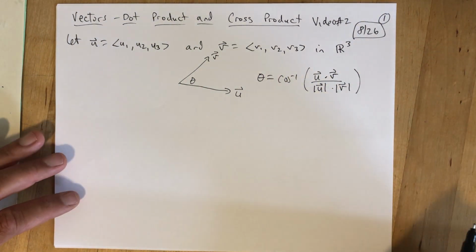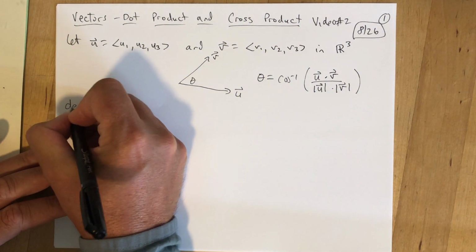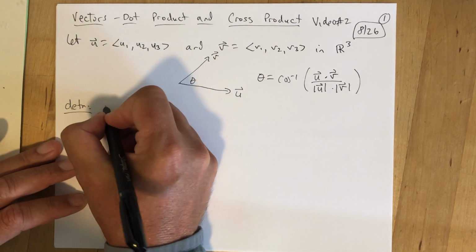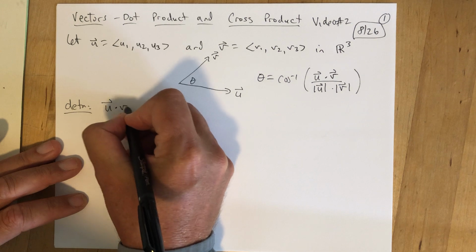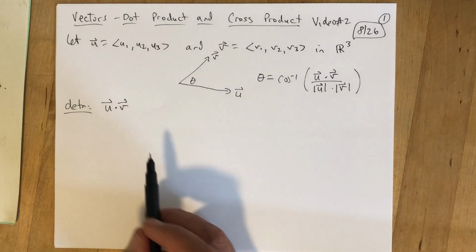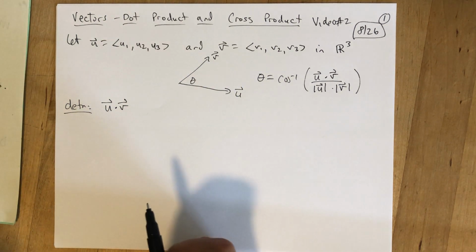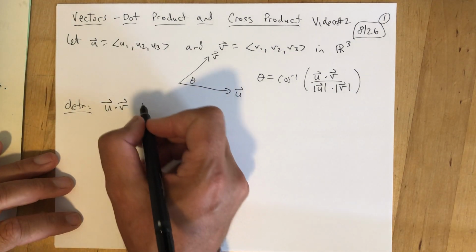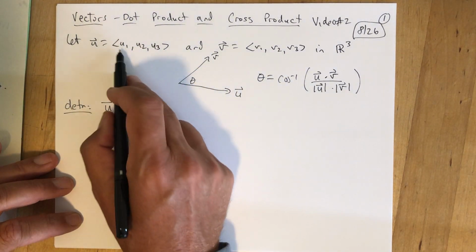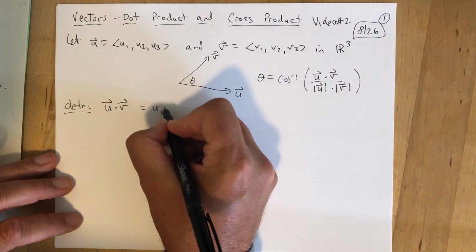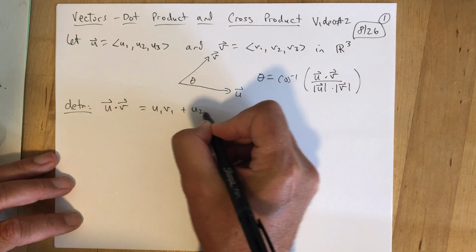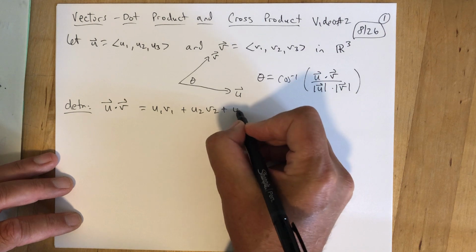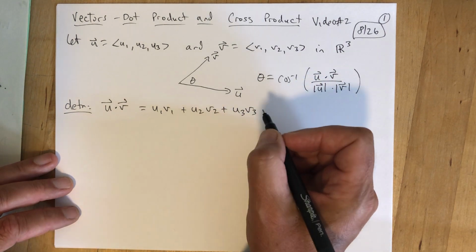And so what is this dot product? All right, so definition. U dot v, we don't say u multiplied by v because you can't multiply 2 vectors, but you can compute their dot product. And this is just, you take u1 times v1 and add it to u2 times v2 plus u3 times v3.